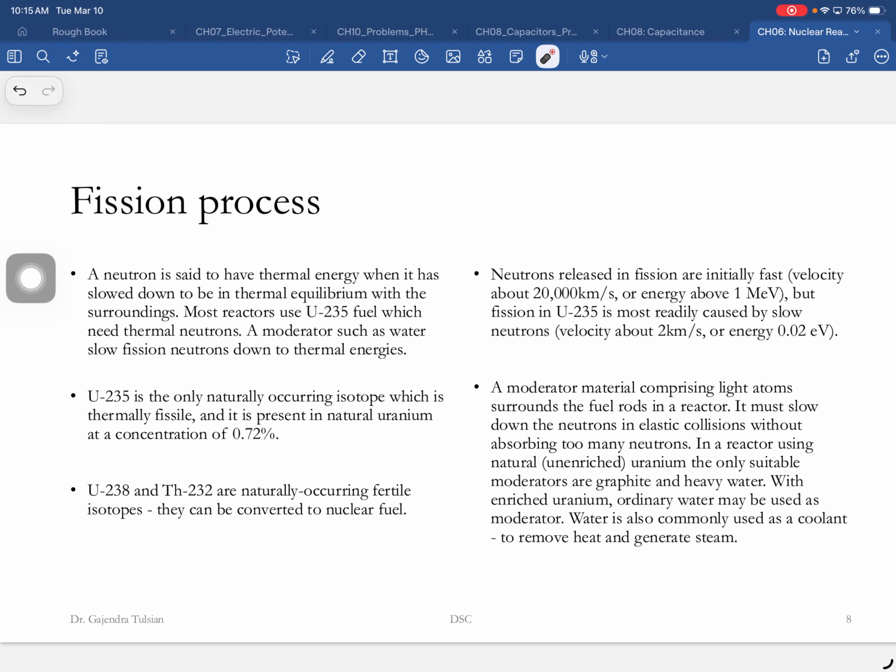Like, I want to say 1%. It was 20% enriched. So naturally occurring uranium-235 is 0.7%, while in the reactor at UF, the amount of uranium-235 is 20%.